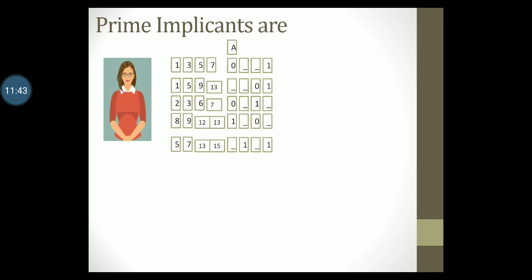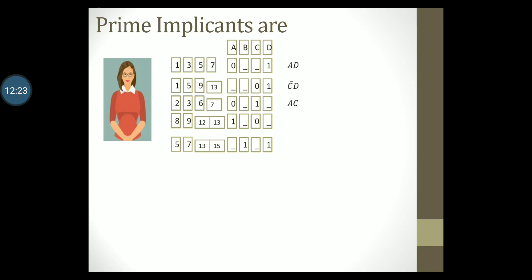If this column is A and this column represents B, this column represents C and this column represents D. So 1, 3, 5, 7 represented as 0 dash dash 1 is A bar D. Remember, they are minterms. 1, 5, 9, 13 represented as dash dash 0, 1 is C bar D. 2, 3, 6, 7 represented as 0 dash 1 dash is A bar C.